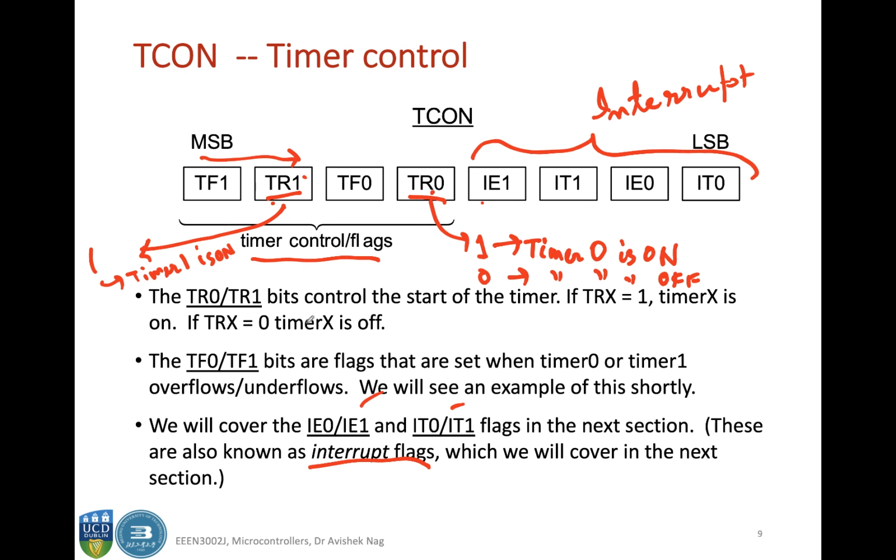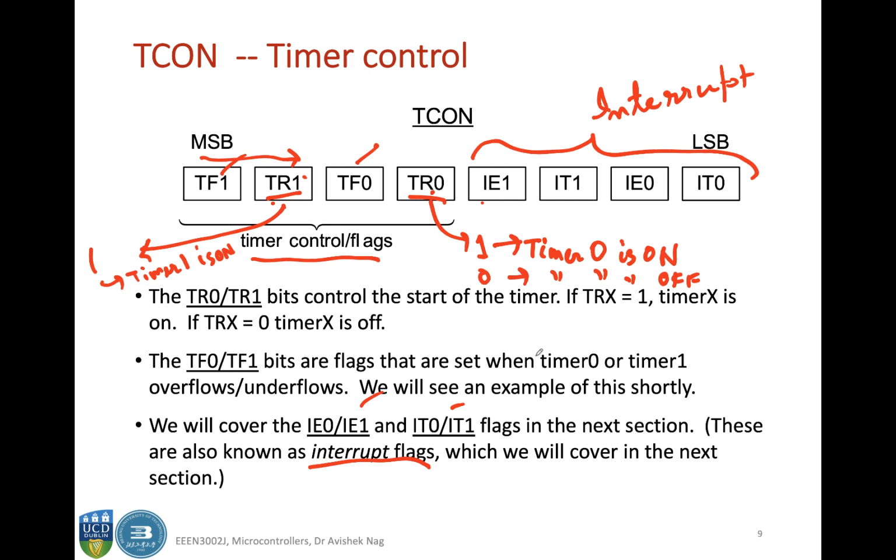So these two are for starting the timer. Then the next two, TF0 and TF1, these bits are flags that are set when timer 0 or timer 1 overflows or underflows.